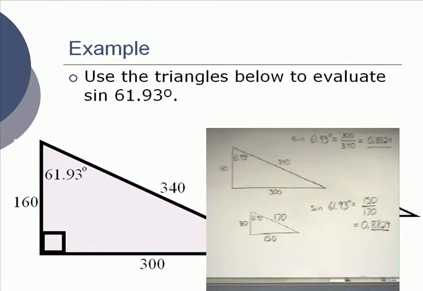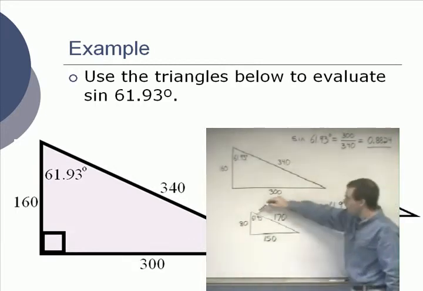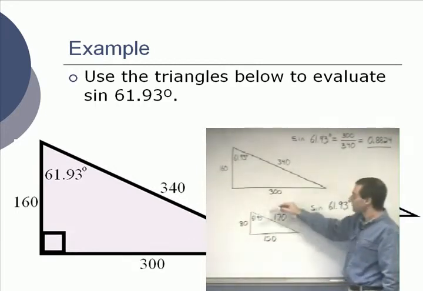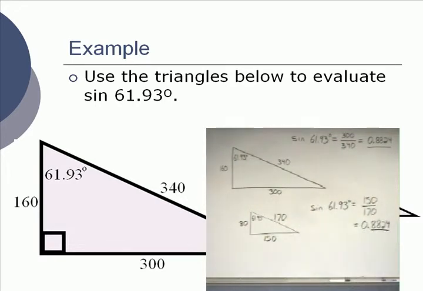Well, do you have any theories about this 61.93 degree angle? Any triangle that has that angle, a reference angle, of 61.93 will always have an opposite over hypotenuse ratio of 0.8824.